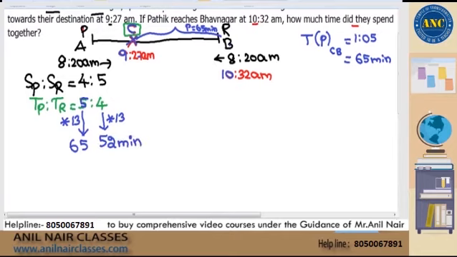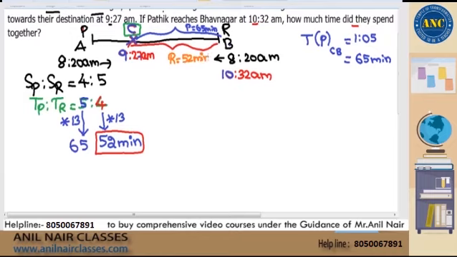The meaning of 52 minutes is, Rahi will take 52 minutes to travel the same distance from B to C. I hope it is clear.